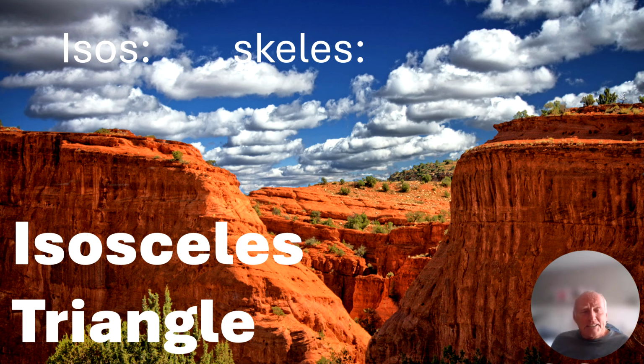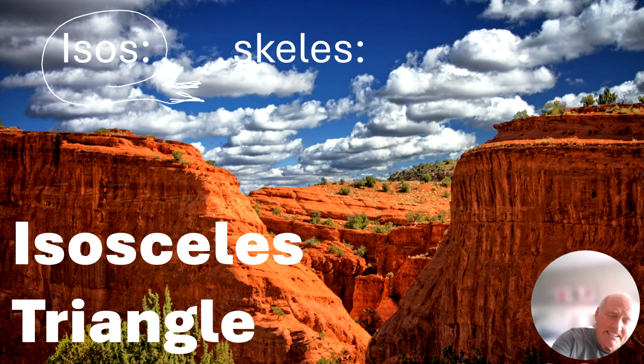Isosceles breaks down into two Greek words. The first one is isos, and isos in Greek means equal. And skeles, this is kind of a cool one. I like this one. Skeles in Greek is where we get the word skeleton from.